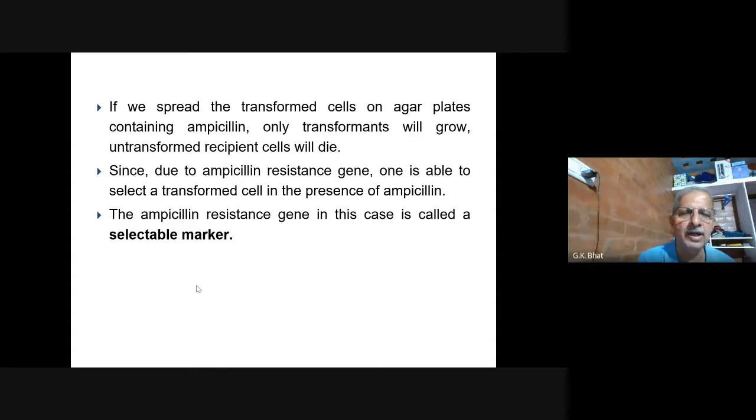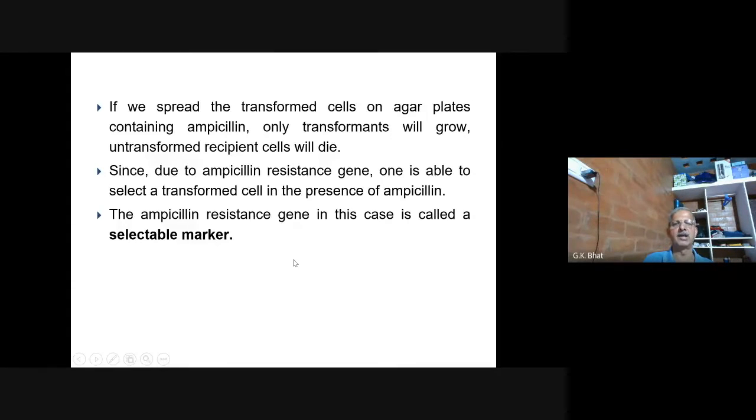What is a transformed cell? A transformed cell is one to which we have introduced the plasmid with recombinant DNA. Due to the ampicillin resistance gene, one is able to select a transformed cell in the presence of ampicillin. Whatever survives is an indication that it got the ampicillin resistance gene. Whatever E. coli dies is an indication that it did not possess the ampicillin resistance gene. So the ampicillin resistance gene in this case is called a selectable marker.